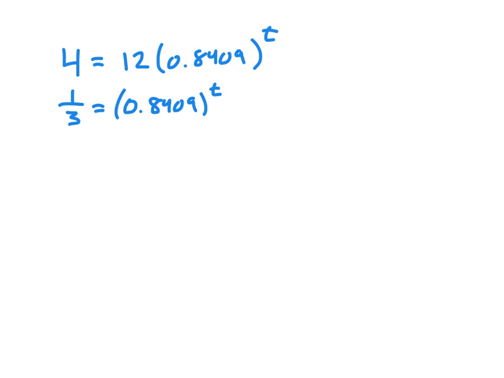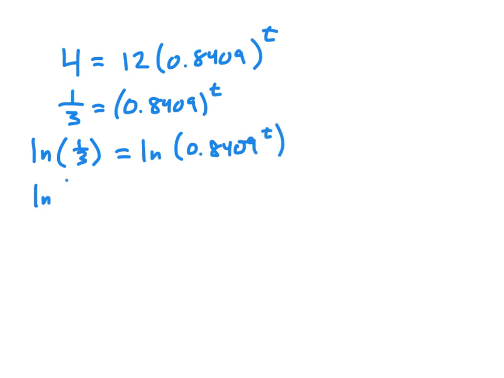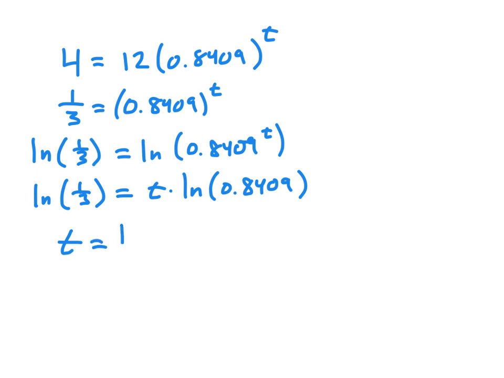In order to get t out of the exponent, we need to take a logarithm. And here we'll take natural log. We can also take common log if you prefer. When we do this, this will allow us to bring the t down in front of the logarithm. So this will be t times natural log 0.8409. And then to solve for t, we simply divide by that natural log of our decay rate.